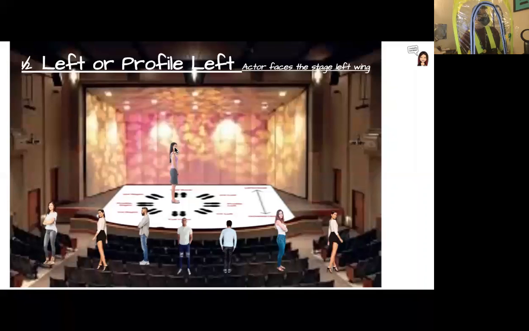If she were to have faced the way she's standing, we would only see one eye, one ear, one arm, and one leg. Okay, you can go ahead and delete everybody else off the page or keep them in the house. It doesn't matter as long as you've got the correct person on the stage.